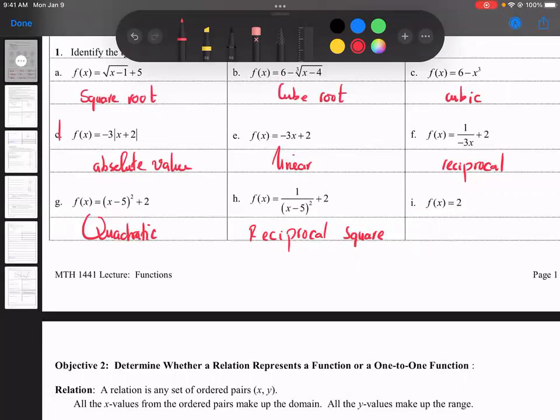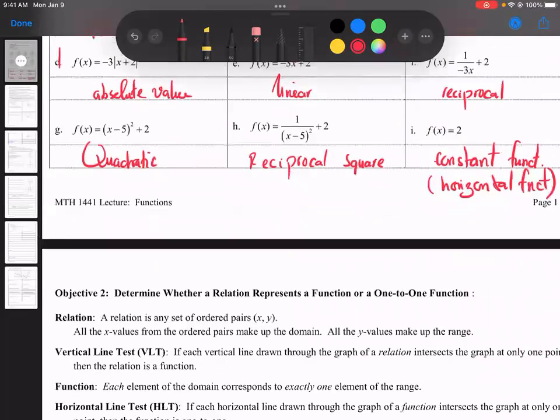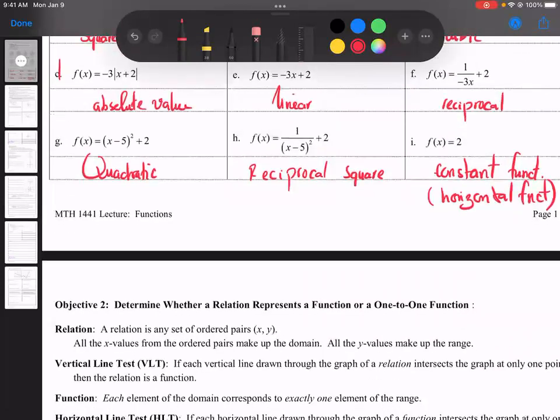It goes through 2, right? 2 is y. So horizontal. So the constant is a constant function. And it's a horizontal one. Horizontal. So far, so good.